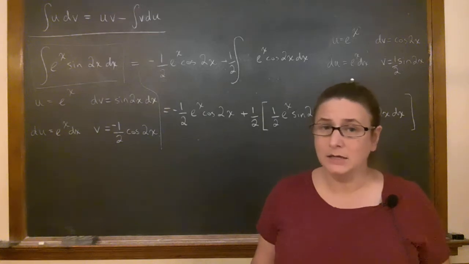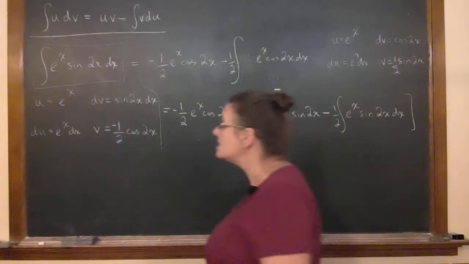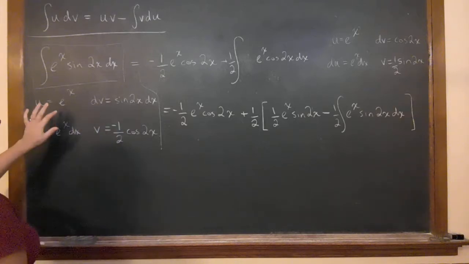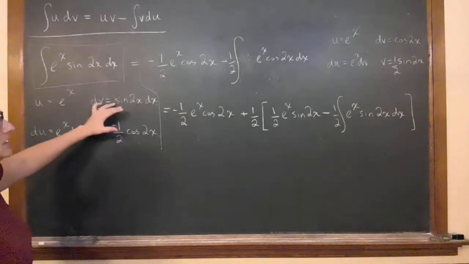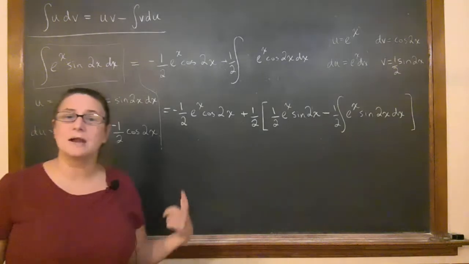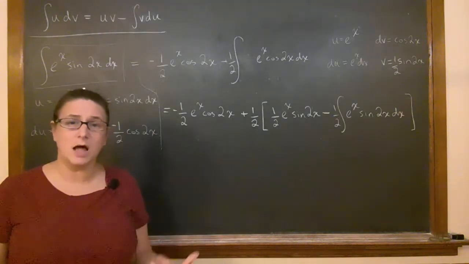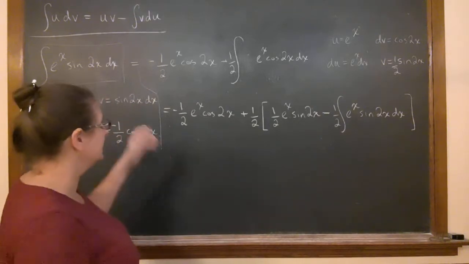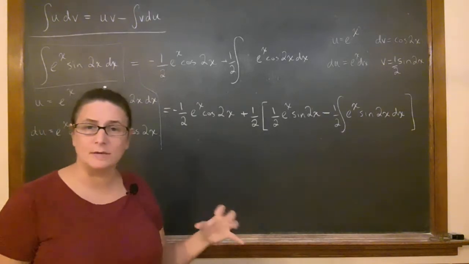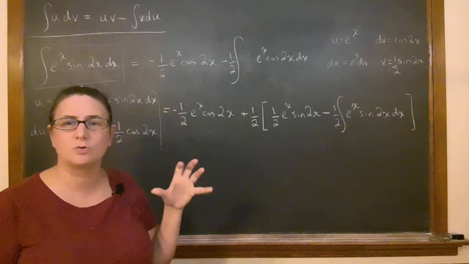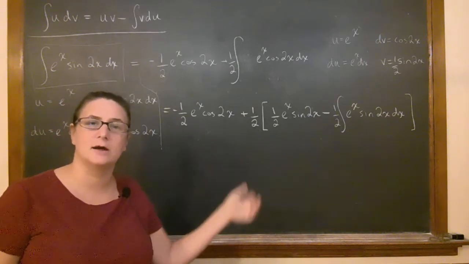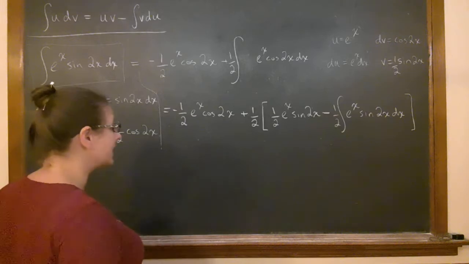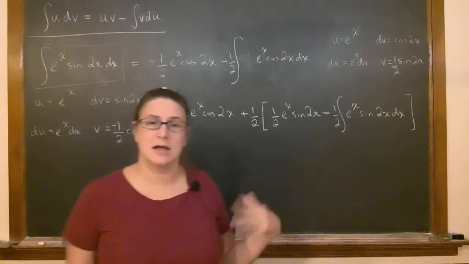If you went back and redid it, which I'm not going to do, with u being sine and dv being e to the x, the same thing would happen. It's because e to the x is just e to the x each time. It's not going to change. It's not like x squared, which goes down to x and then down to 1. E to the x is always going to be e to the x. Sine goes sine, cosine, right?